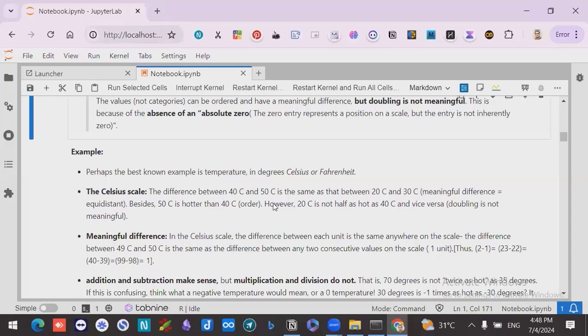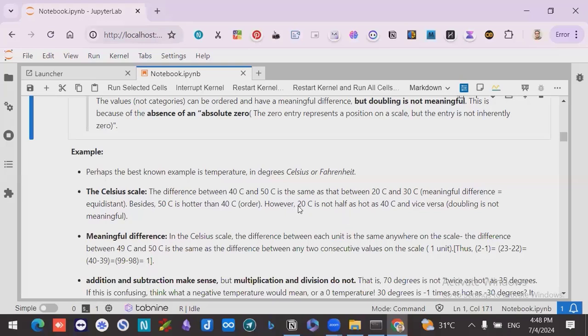So here there is meaningful difference, equidistance. Besides, 50C is hotter than 40C, for order. However, 20 Celsius is not half as hot as 40. That's mainly it.